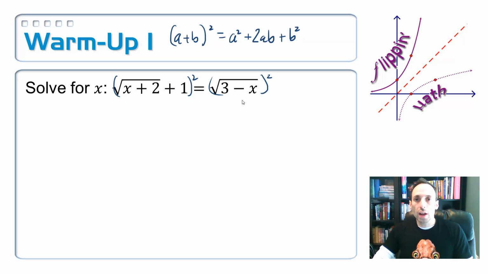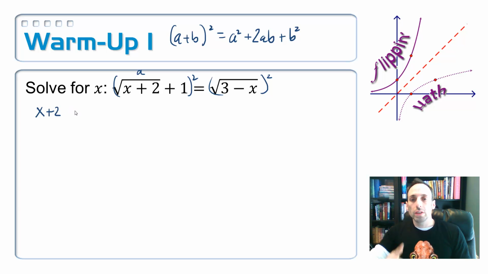The tough one is squaring the left-hand side, because you can see the square root of x plus 2 is like my a term, and the 1 is like my b term. So it's really a complicated binomial. I square the square root of x plus 2, that's my a squared, and the square root cancels out, leaving me with just x plus 2.